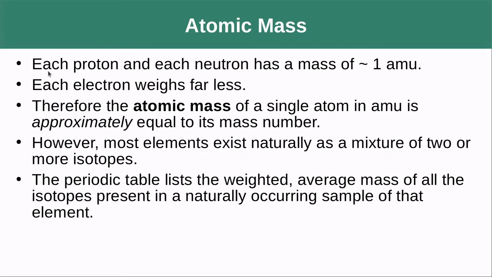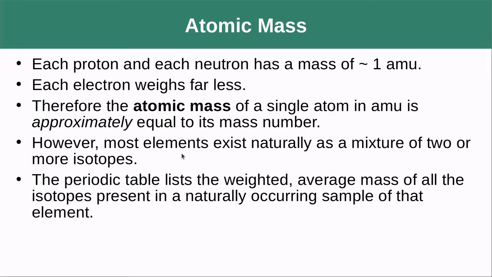So we got to talk now about atomic mass. We saw that each proton and each neutron has a mass of approximately 1 AMU. Each electron weighs far less. Therefore, the atomic mass of a single atom in AMU is approximately equal to its mass number, but not quite.